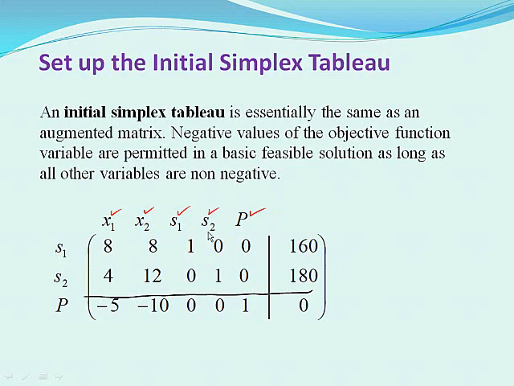So the coefficient of s2 will be 0, coefficient of p will be 0 for the first row. Likewise we create the second row as the coefficients of the second equation, the third row as the coefficients of the third equation. We usually separate this by a vertical line and horizontal line. The last row is special, which is called the decision row, so we separate that using a horizontal line. The right hand side of the equations will be separated by a vertical line like this.